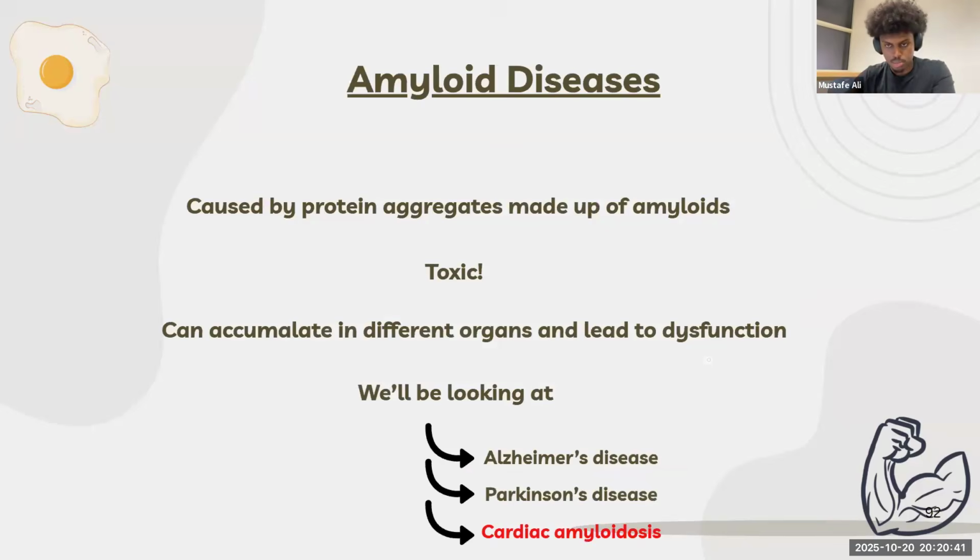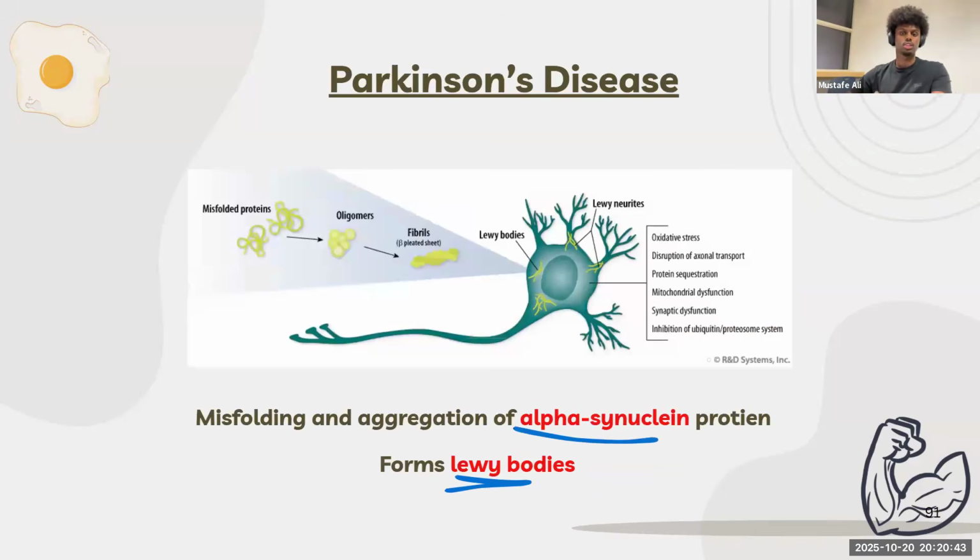I'm not perfectly clear about Parkinson's. All I need you to know about Parkinson's, Ya Muhammad, is that there is misfolding and aggregation of alpha synuclein. Okay? Because it aggregates and misfolds, it forms these Lewy bodies, which are present inside of the neurons, and they become really toxic to the neuron and kill it. Did that make sense?